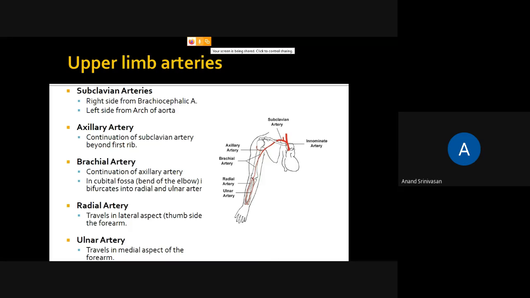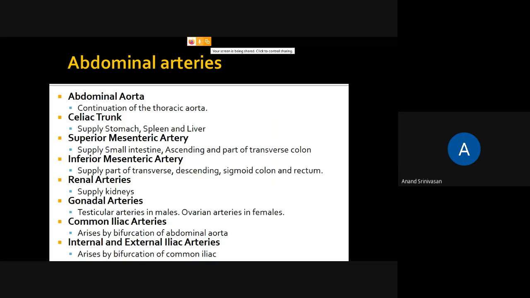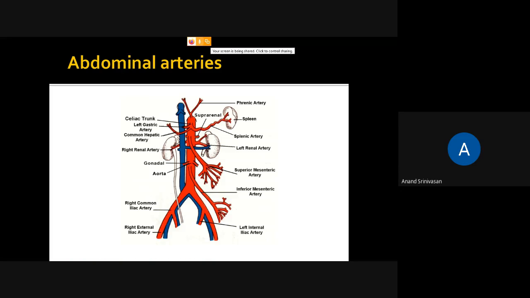So these are the upper limb arteries and lower limb arteries. Once again we will see the abdominal arteries. The abdominal aorta has three branches from the anterior side: the celiac artery, which supplies the stomach, liver and spleen; the superior mesenteric artery, which supplies the small intestine, the ascending colon and a part of the transverse colon; the inferior mesenteric artery, which supplies the remaining part of the transverse colon until the rectum.